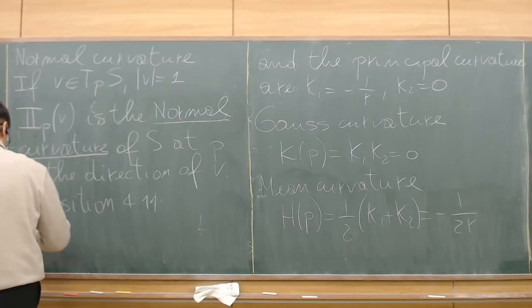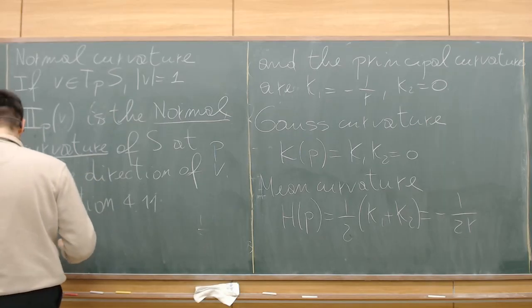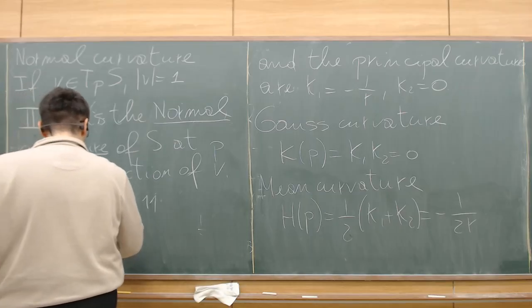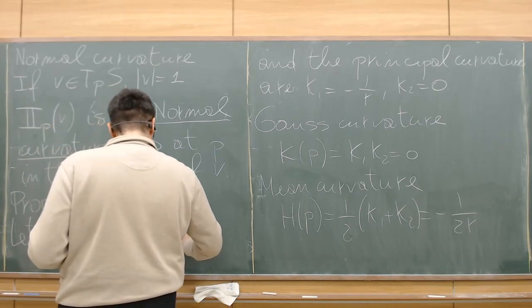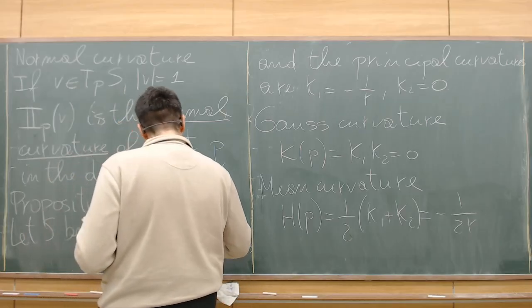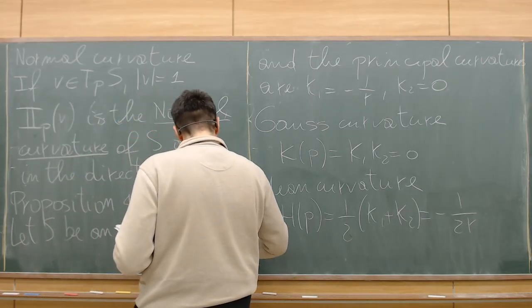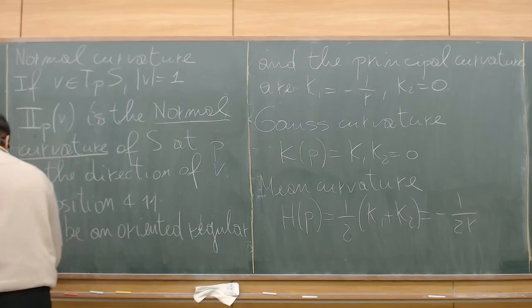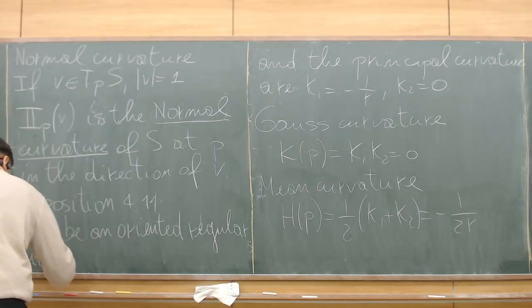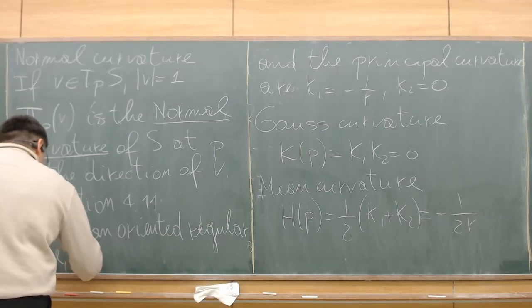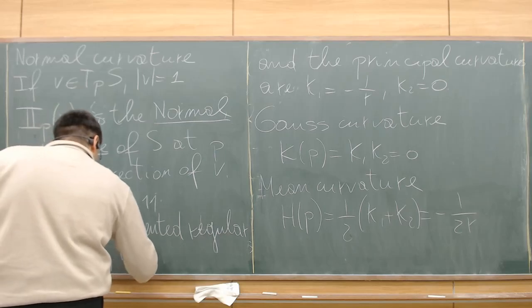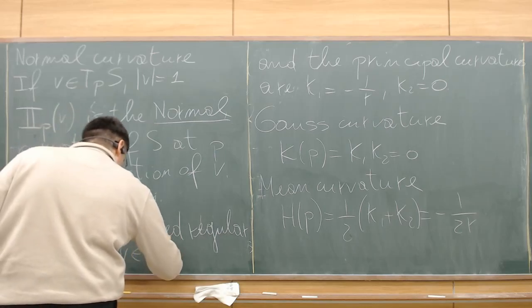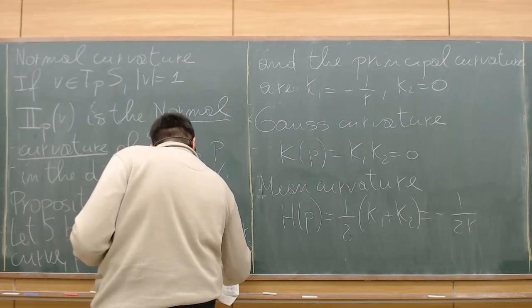So let S be as usual an oriented regular surface, P be a point of S, v a vector in T_P S of length 1.